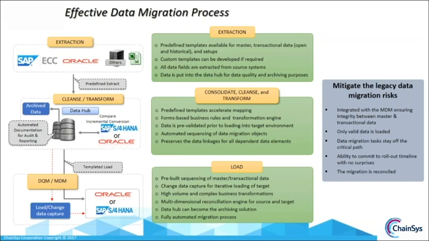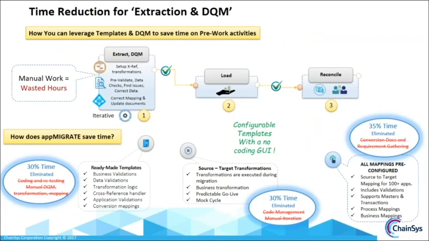As I mentioned then, the data is pre-validated, so only valid data is loaded. And what this process does is, it allows you to keep the data migration tasks off the critical path, particularly when you're doing a system conversion. And you can commit to a rollout timeline, and you have a reconciled data migration.